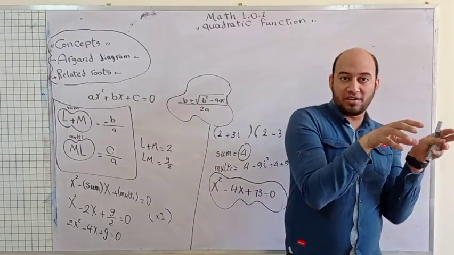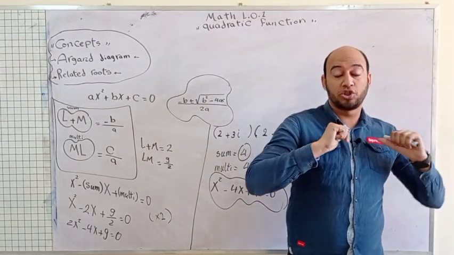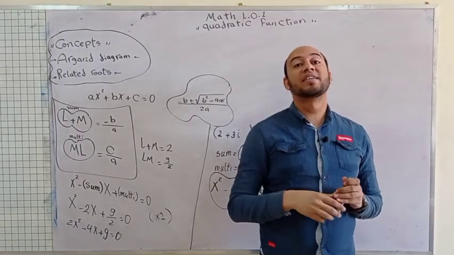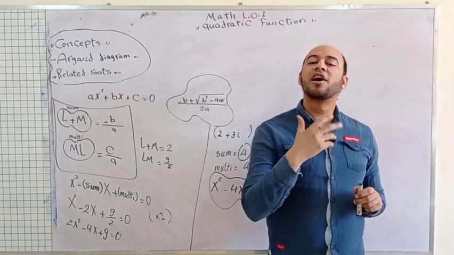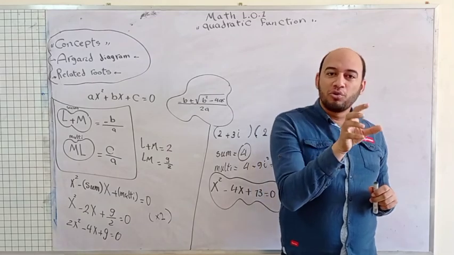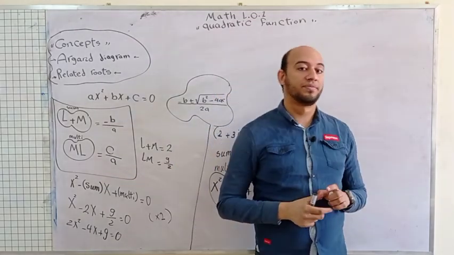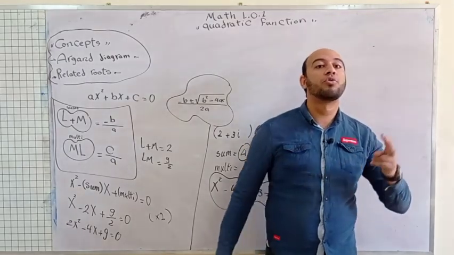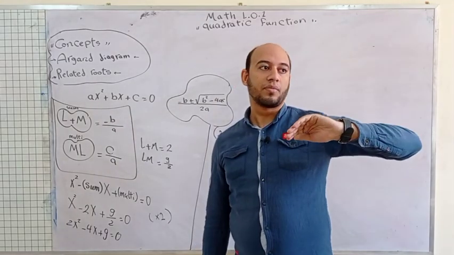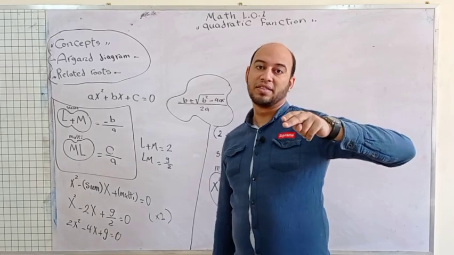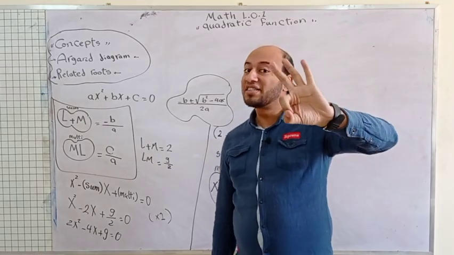This equation, which you must construct, has roots that have a relation with the previous roots. He can tell you that the roots are more than the previous roots by 3.